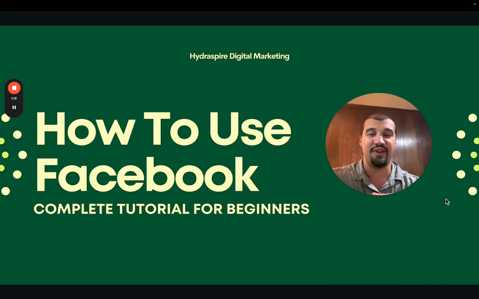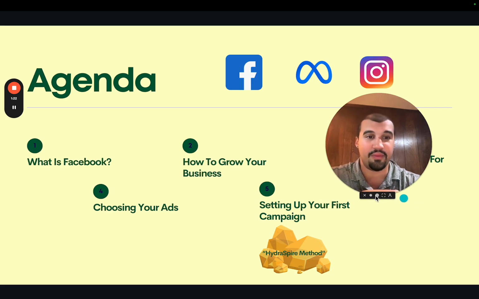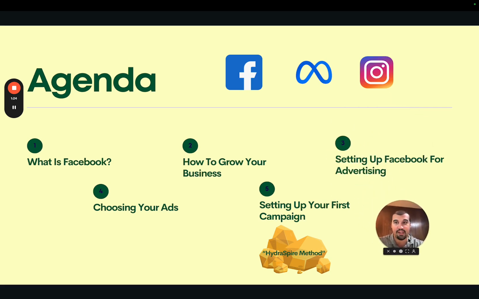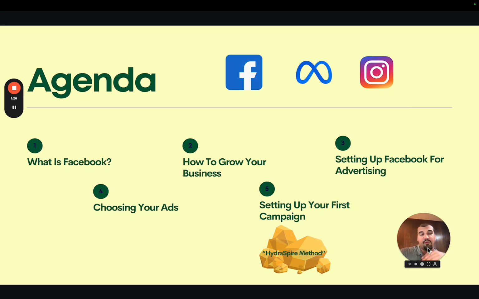So how to use Facebook, complete tutorial for beginners. What are we going to be getting into? Let's go ahead and get to it. First things first is what's on the agenda. First we're going to be talking about what is Facebook. We're going to talk about how we can grow your business with Facebook.